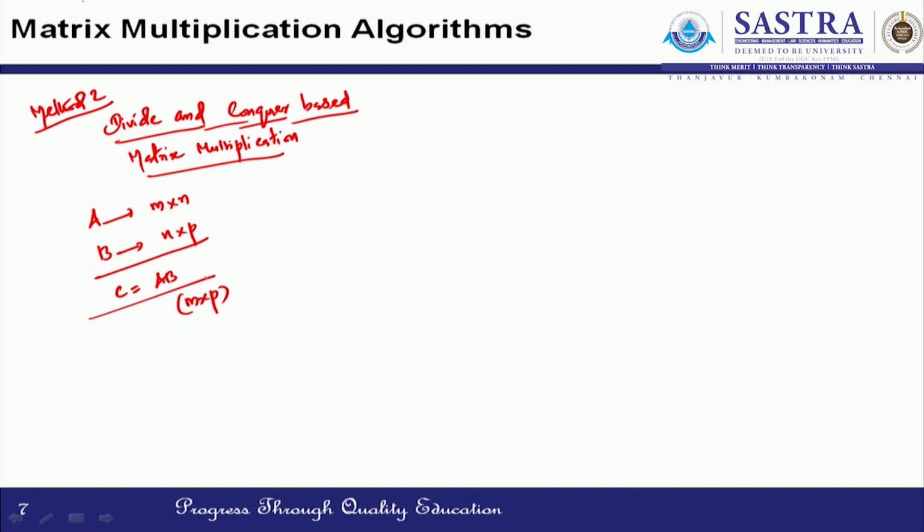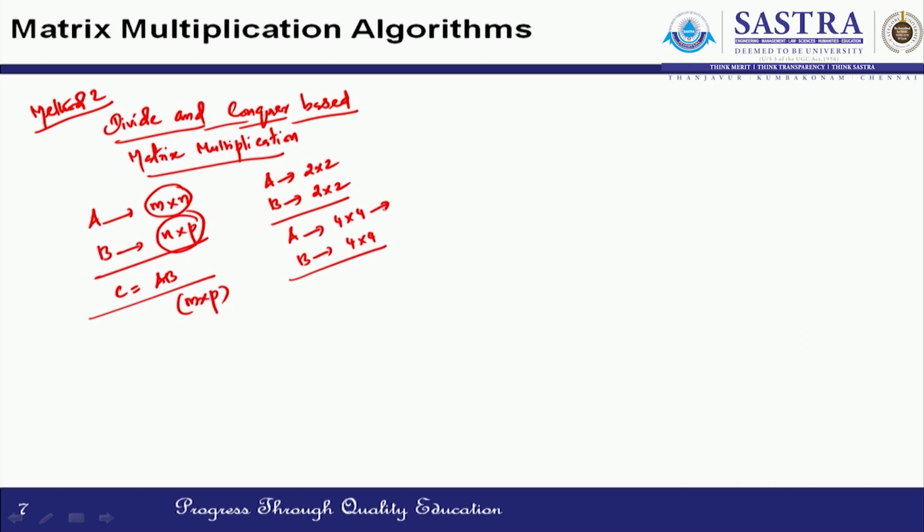Now assuming that the matrices A and B's orders are represented in a power of 2. Suppose capital A is 2 by 2, capital B is 2 by 2. Or assuming that capital A order is 4 by 4, capital B is also of the same order 4 by 4.